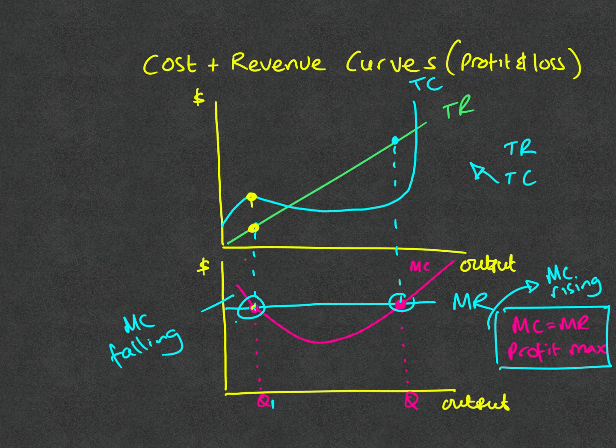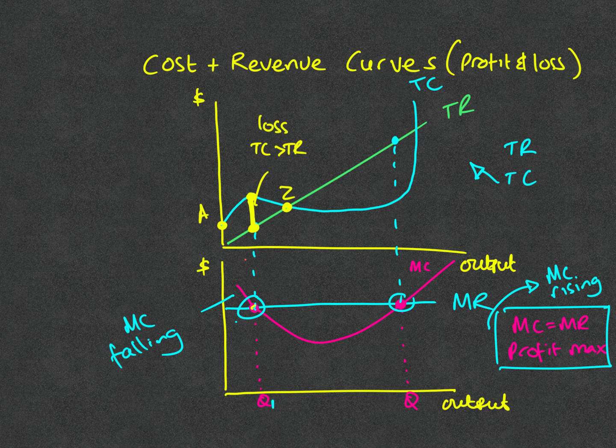So the distance between here and here is the largest it is anywhere in this section between, let's say, Z and A, okay? So this indicates that total costs are much greater than total revenue by a large distance. Therefore, you are making a loss.